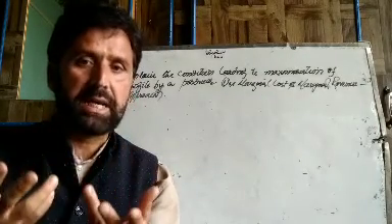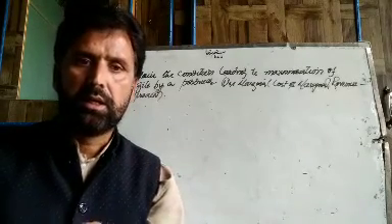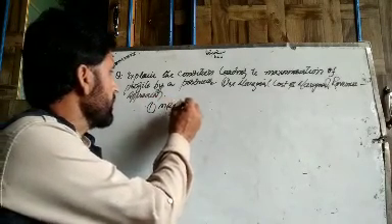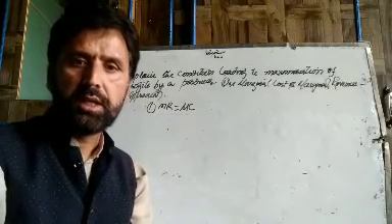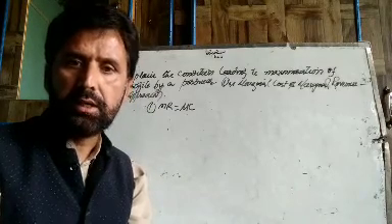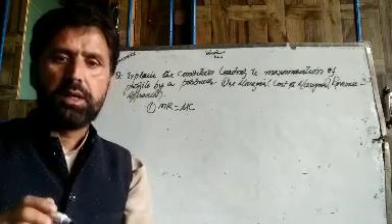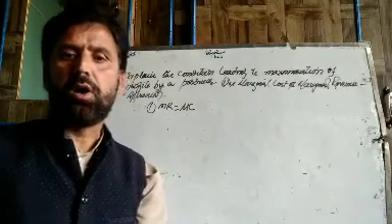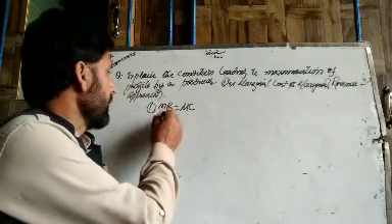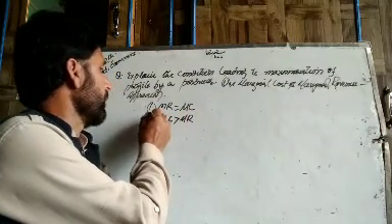Profit is maximized when two conditions are satisfied. Number one is when marginal revenue is equal to marginal cost. Number two is when marginal cost is rising, or marginal cost is greater than marginal revenue beyond the point of equilibrium of output.